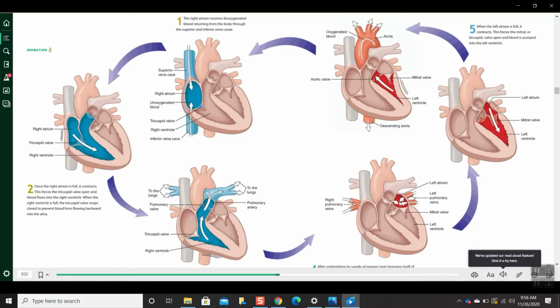Now it's coming back into the left atrium. You can see it's red because it picked up oxygen in the lungs. It's going from the left atrium to the left ventricle through the mitral or the bicuspid valve.